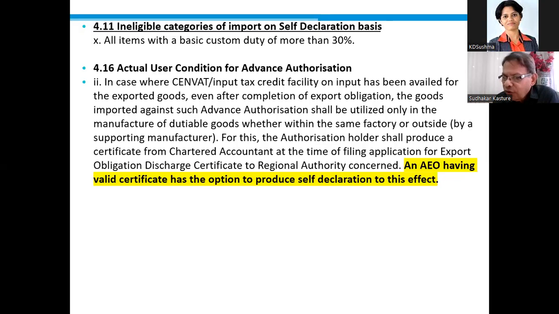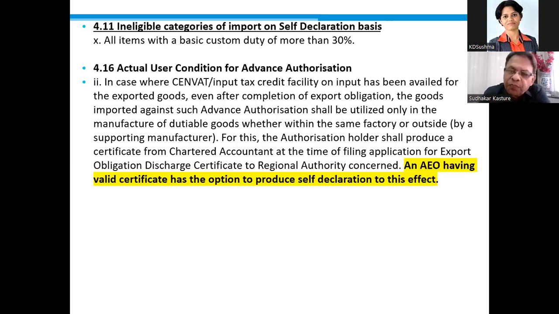Actual user condition for advance authorization. Again, one clause has been added, and AEO having valid certificate has the option to produce self-declaration to this effect. So again, the fixation of norms at Delhi, which is a time-consuming process, is reduced in this particular case, and you can go for self-ratification for yourself. Of course, this would be subject to audit at a later date, but this is an activity of ease of doing business.